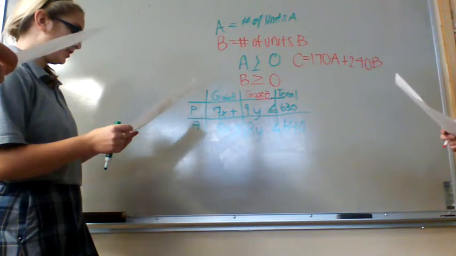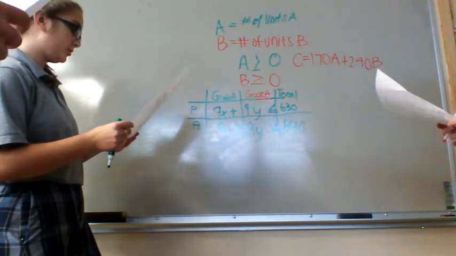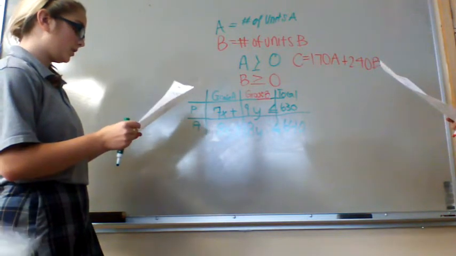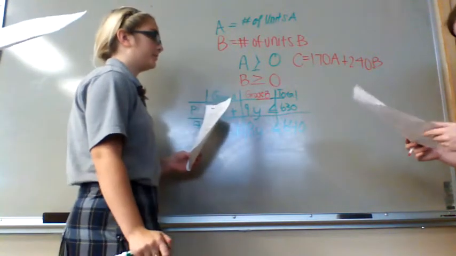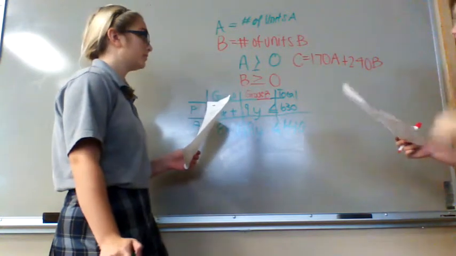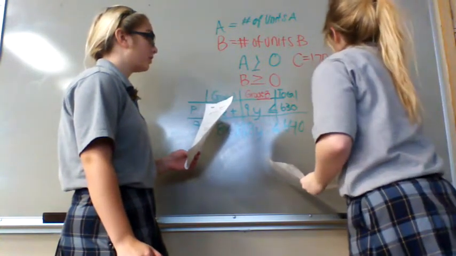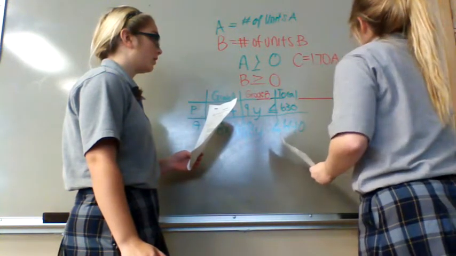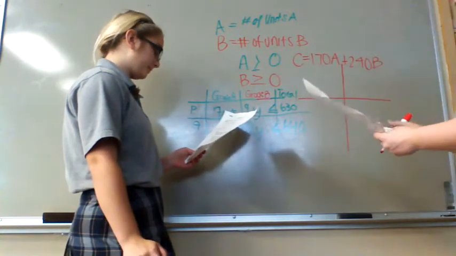Now you want to graph your constraints, so you want to find your points first. So we're going to put 0 in. And then we just made the graph just for later.